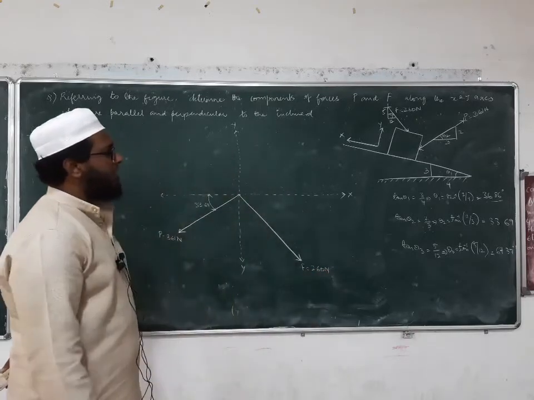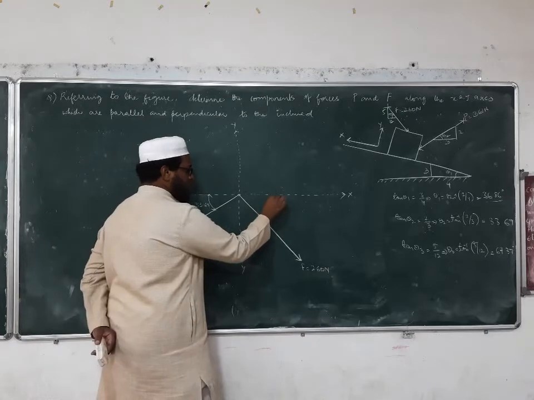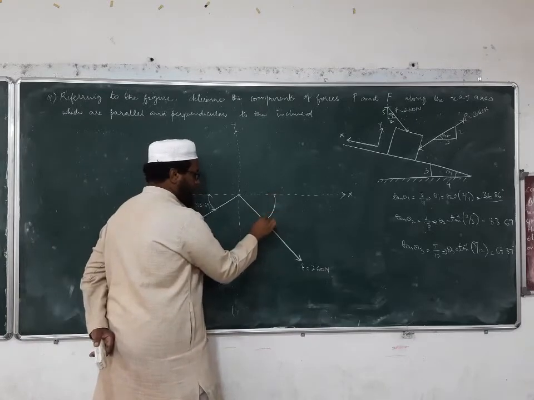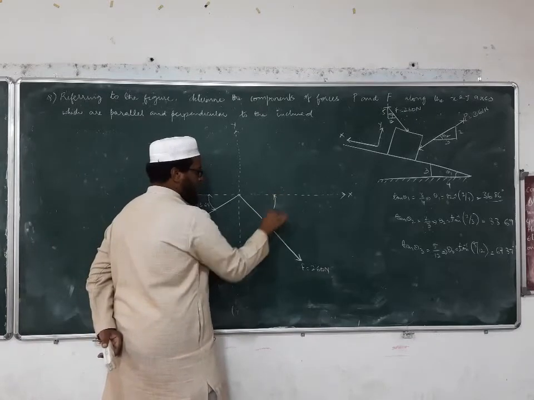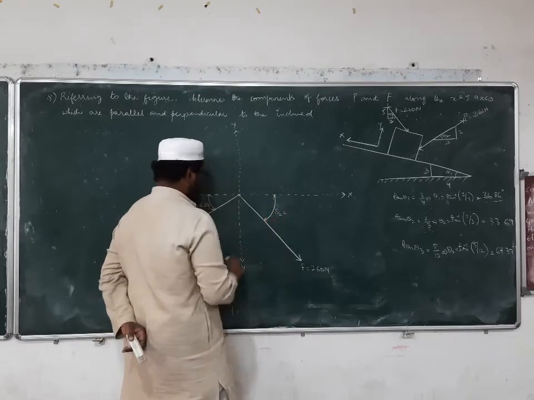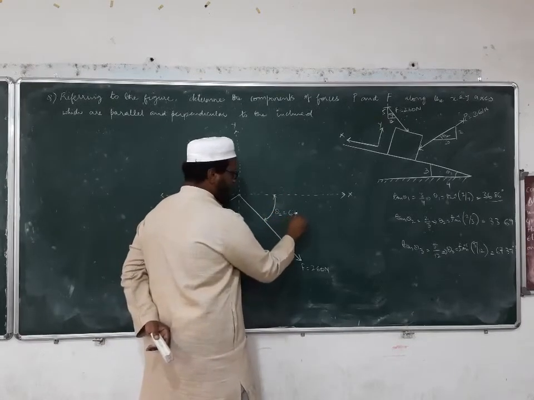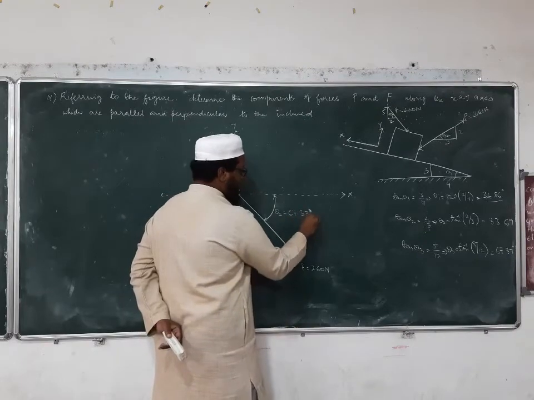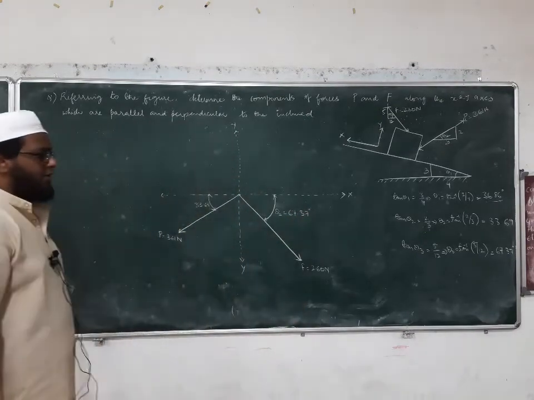And what is the angle with x-axis? 67.37 degrees. So this is your theta 2.